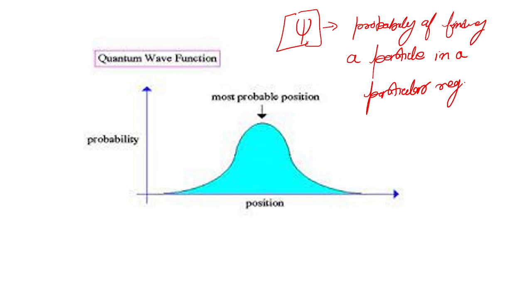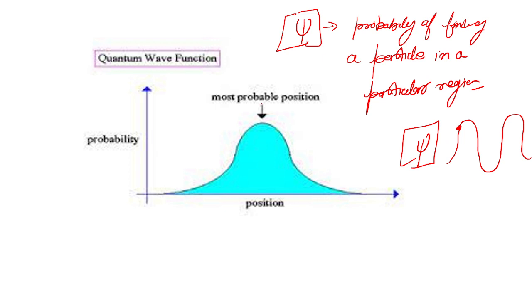Where the probability of finding the particle is large, the value of psi will be large. And in another region where the probability of finding that particle is very small, its value is small. So it varies like this. It shows wave-like character, and because of this we come to know that there is a wave associated with that particle while it is moving.